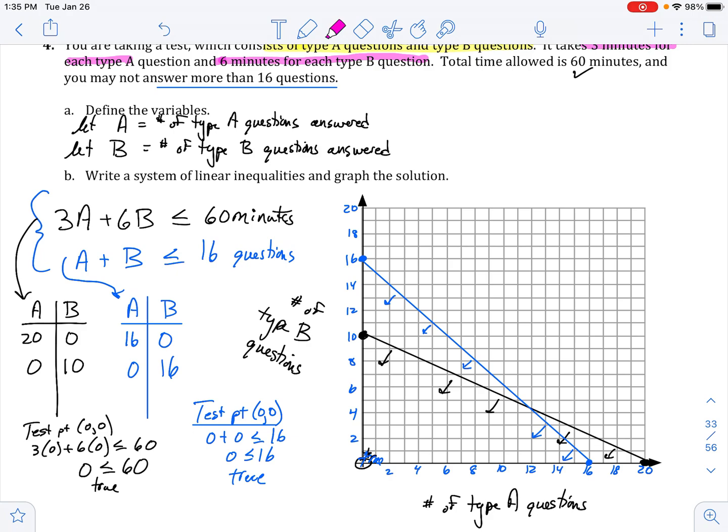When we are going to shade this, what I need to be careful is that I'm shading below the black and left and below the blue. So what I'm talking about are these points that are in here. So they follow along the black, and here's where it turns, and now we follow along the blue.